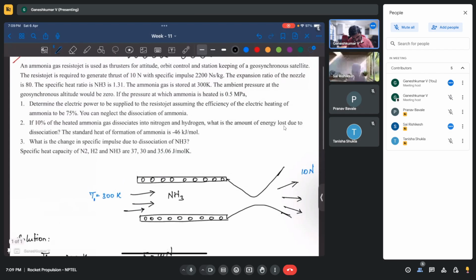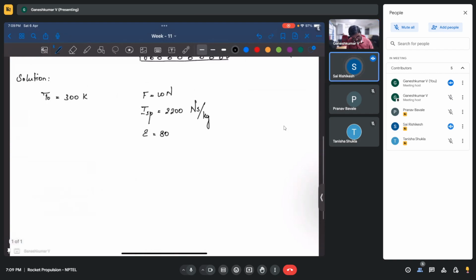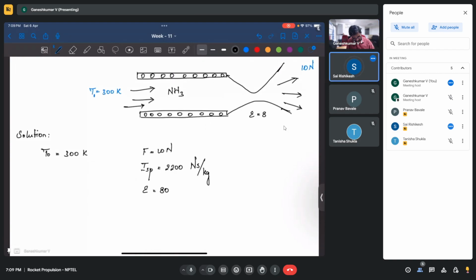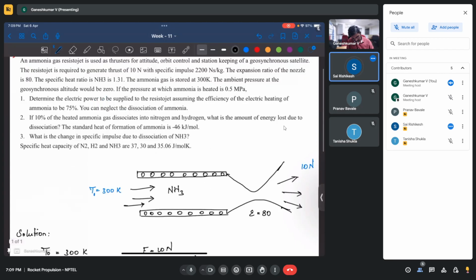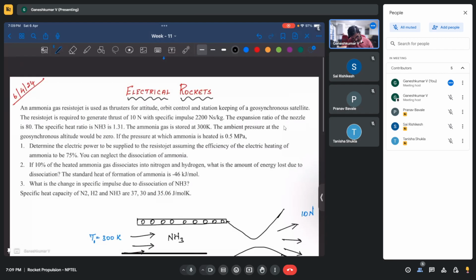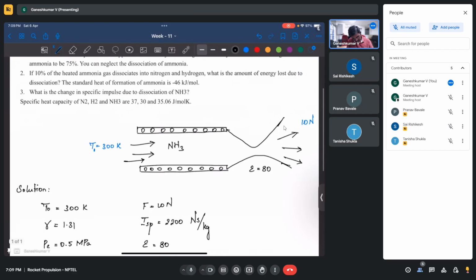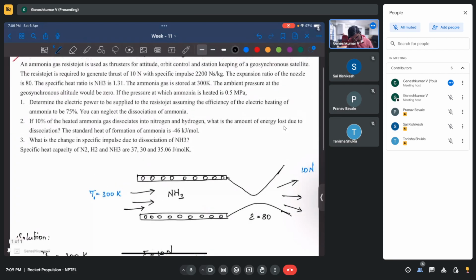I think the expansion ratio of the nozzle is given, which is 80, and the specific heat ratio is 1.31, and the chamber pressure is 0.5 megapascal. All right, I guess that's it.